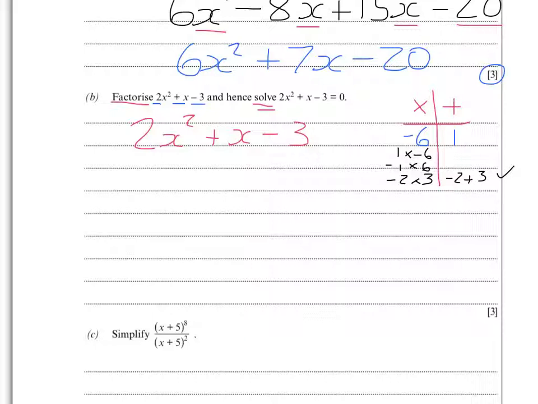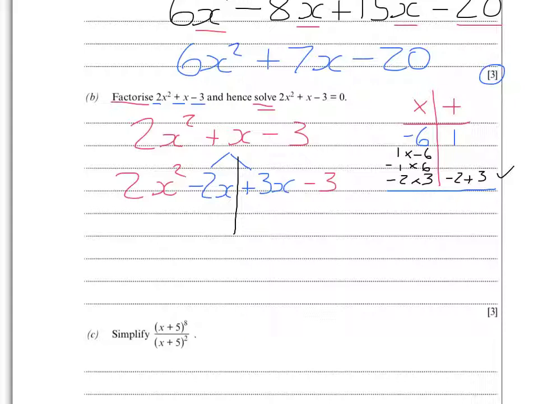So what I do now is split up that middle x value into the two numbers that I've just found. I'm going to end up with 2x squared, which stays the same, but that middle plus x is going to change into minus 2x and plus 3x. And then I continue with my minus 3 at the end. Now I split that in half and factorise either side.